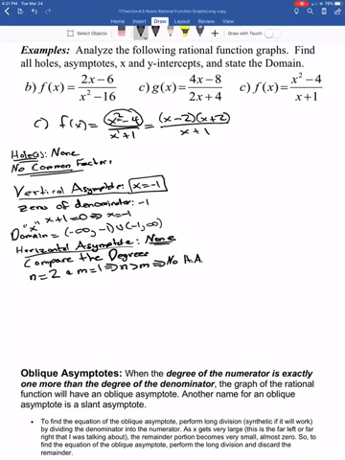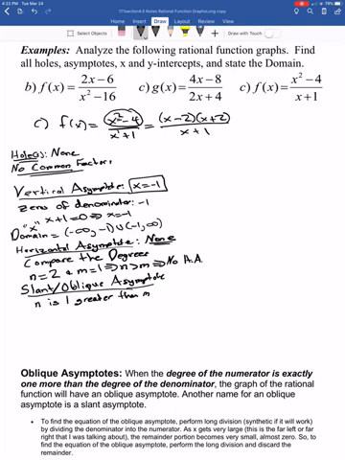Now that leads to our third possibility. When we do not have a horizontal asymptote, it's possible to have a slant, or some people refer to it as an oblique asymptote, which again is a slanted line that will shape our graph. It occurs if the degree of the numerator is exactly 1 greater than the degree of the denominator.